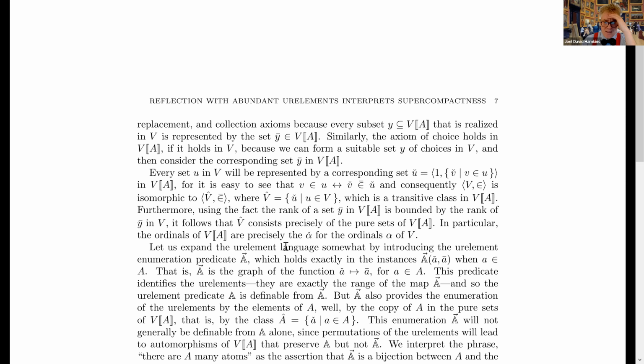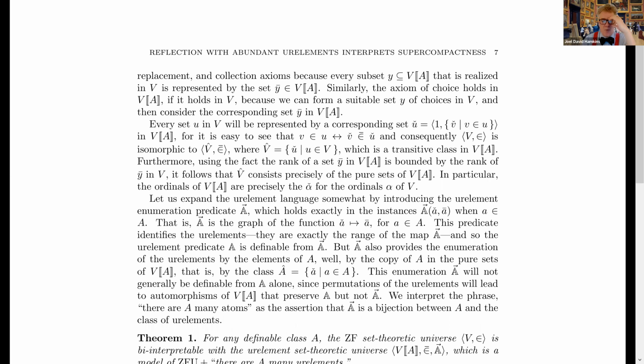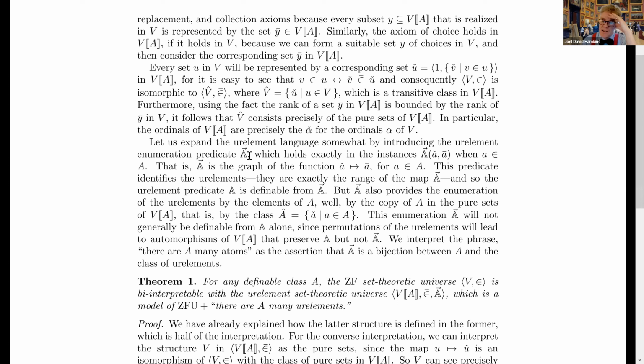Now we can expand the language a little bit by introducing what we call the urelement enumeration predicate, a vector. It's not a unary predicate, but a binary predicate, and it associates the copy of little a in V bracket A with the element that is indexed by a.